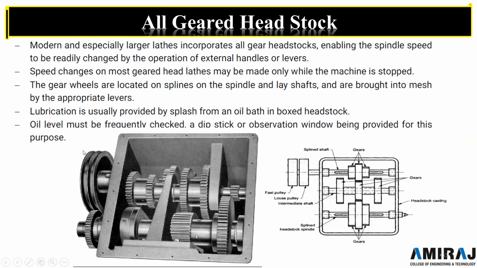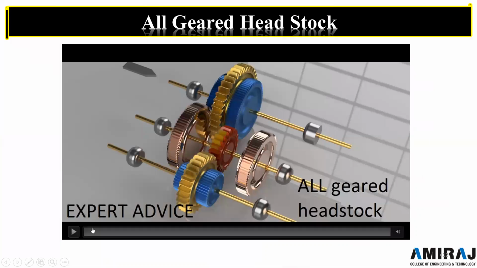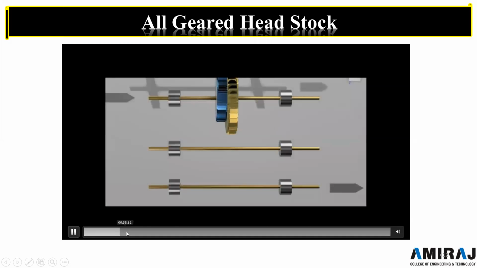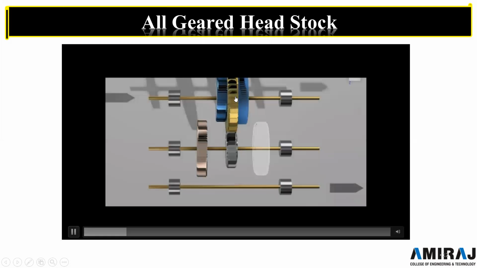Okay, now let us see, this is the all gear arrangement. Similarly, the design is over here. There are three different shafts over which the gears are mounted. Here there are three gears on the first shaft, secondly also three gears, and here also three gears.